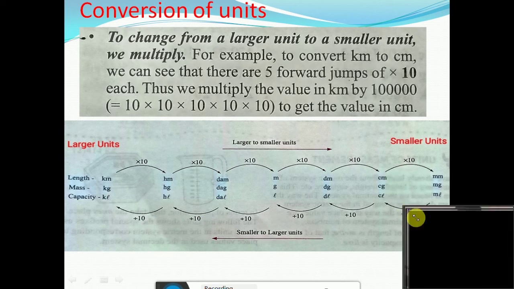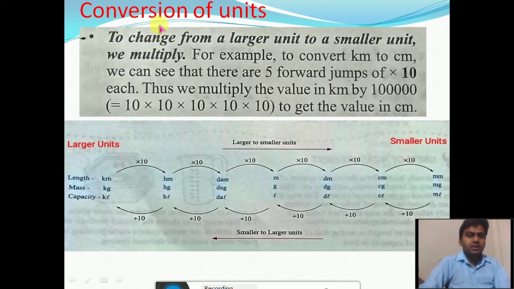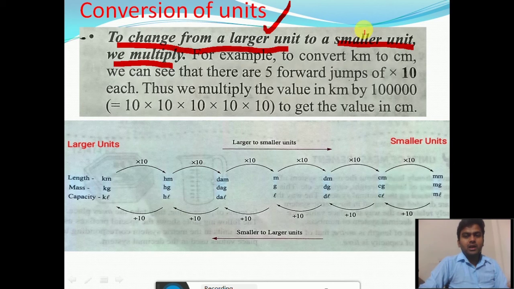And our next topic, conversion of the unit, to change from larger unit to smaller unit. What we will do? We multiply to change the larger unit into the smaller unit. And how will you identify the larger unit and the smaller unit?